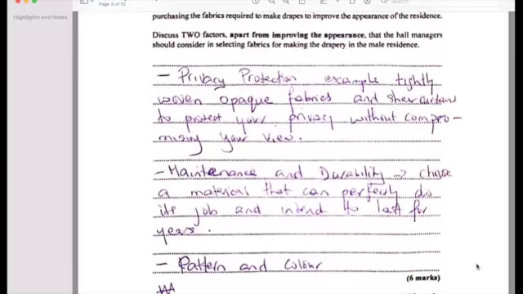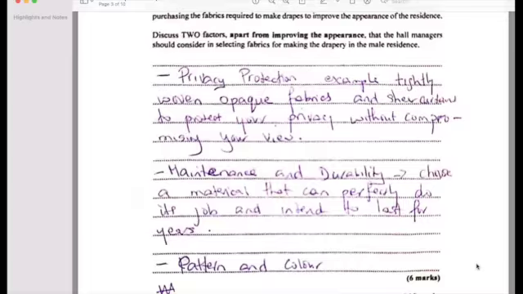I actually have 3. One is privacy protection. Why do we need privacy protection when we're making drapery? Because you need a tightly woven opaque fabric, with sheer curtains, to protect privacy without compromising the person's view.